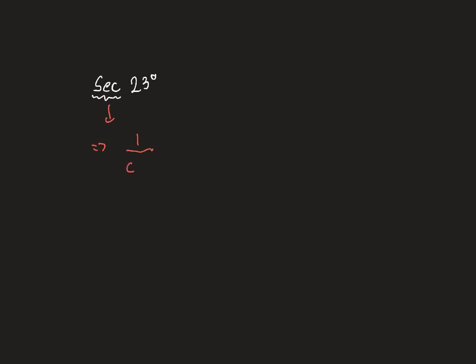Secant is 1 divided by cosine of theta. Theta in this case is 23 degrees. So you do 1 divided by cosine of 23 degrees, which if your calculator is correctly on the right mode, you should get approximately 1.09. Okay, so try out cosecant of 87 degrees yourselves.